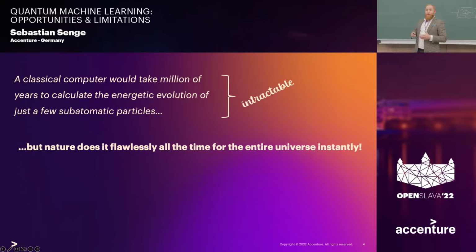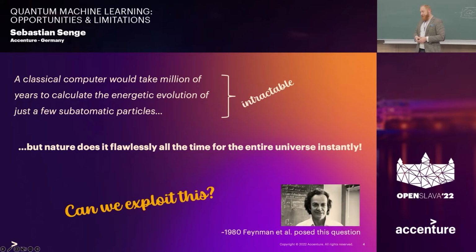Now the more or less obvious question is, can we exploit that? In the previous talk, we already heard that Feynman is one of the most famous physicists who sparked that discussion. As a computer scientist, I always need to add that there was a computer scientist 2 years earlier than Feynman who raised that topic, but typically it's attributed to Feynman.